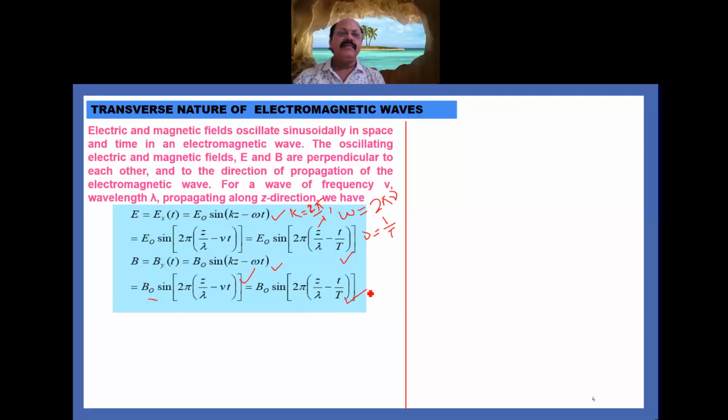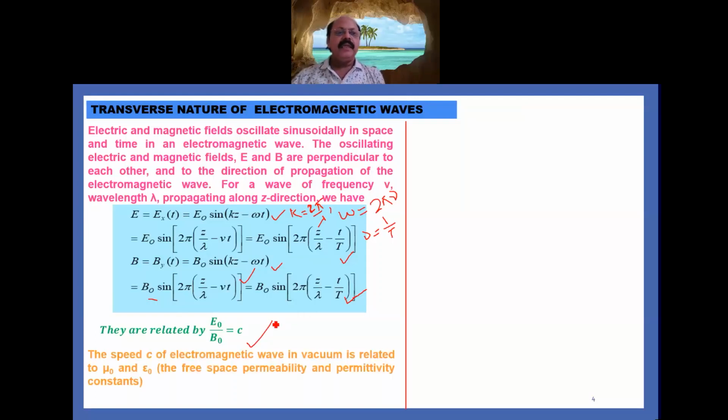So these are the electric and magnetic field variations in an EM wave with respect to space and time. Now the amplitudes of the electric and magnetic fields are related by the expression E naught upon B naught equal to c, where c is the speed of the electromagnetic wave in vacuum, which is related to the properties of the medium, that is mu naught and epsilon naught.